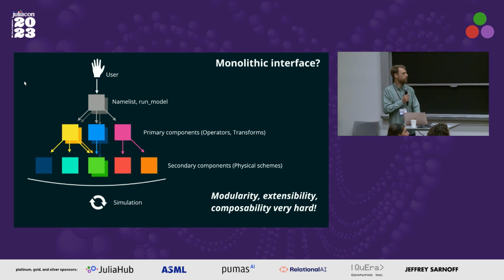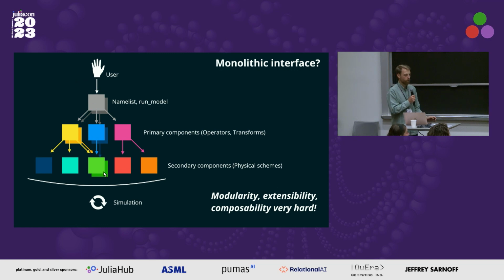So meaning as a user, you somewhere sit at the top, you can change what the developer wants you to change, meaning some kind of name list or config file. And then once you hit play, the model will start usually by constructing some kind of primary components and then some secondary components, and then will somehow run a simulation. But your interface to the model is really here at the top.